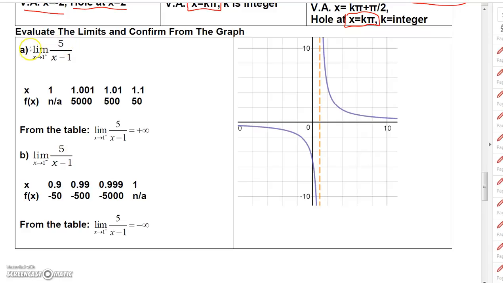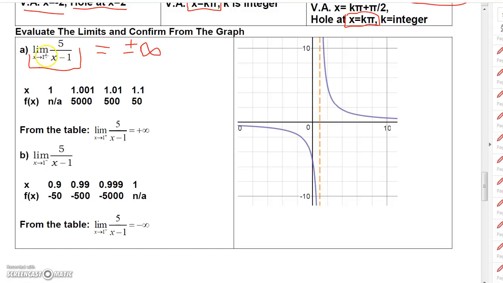Now, to evaluate limits, if you want to know the limit at a vertical asymptote from the left or the right, what I suggest you do, you know that this limit, as x approaches 1, has got to go to either plus or minus infinity. So it's got to go to one of those infinity twins.